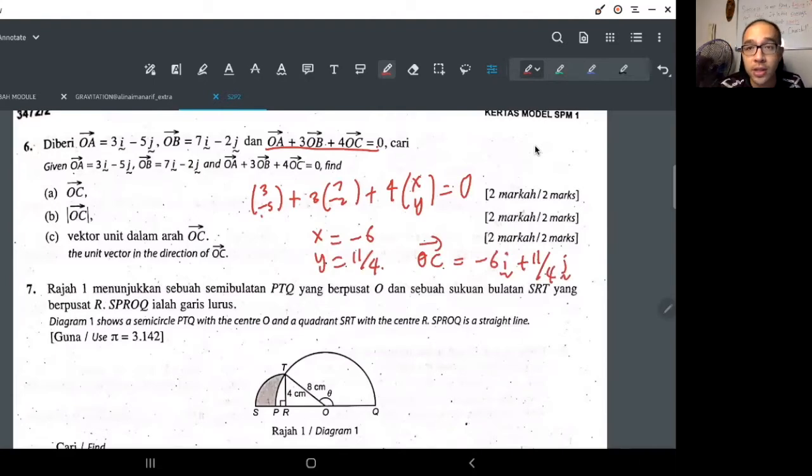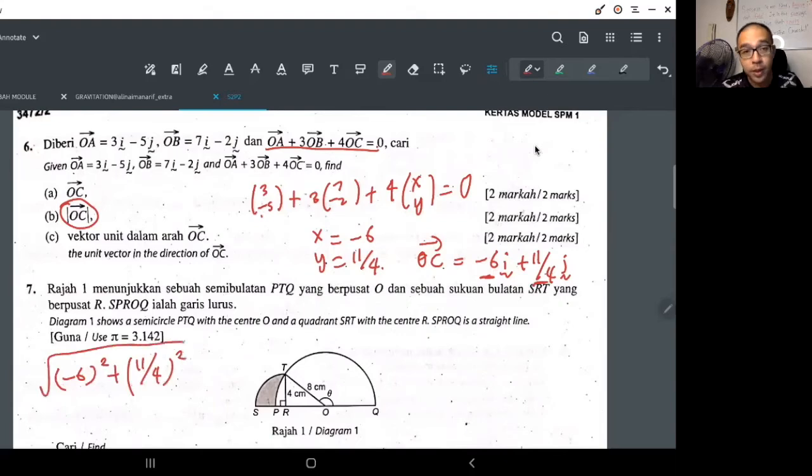Okay, so this question is not very difficult. Just kasih masuk saja. What does this sign mean? This sign is the magnitude. How do we count the magnitude? We use the same method as we count Pythagoras theorem. We just take these two numbers, kita kasih squared. So -6 squared plus 11 over 4, the entire thing squared, square root, is the magnitude of OC.